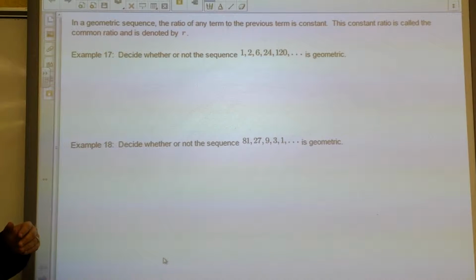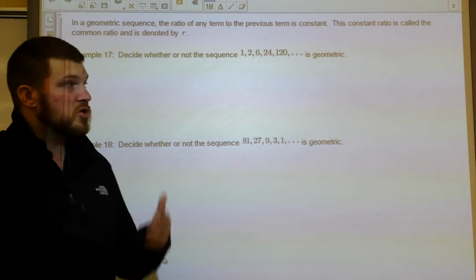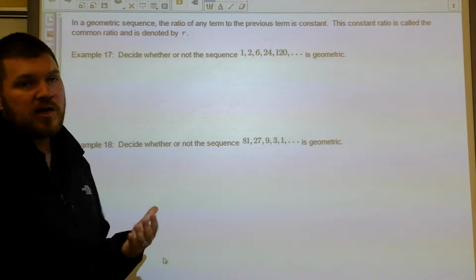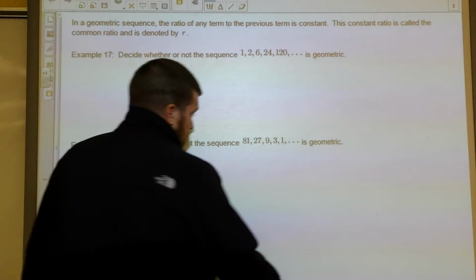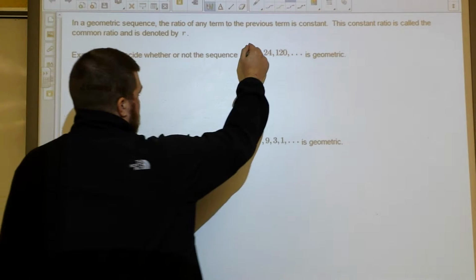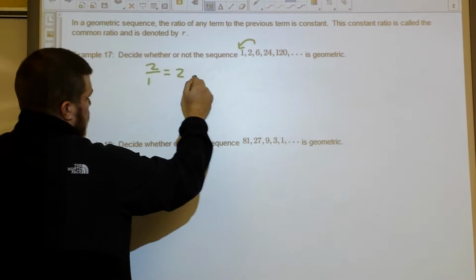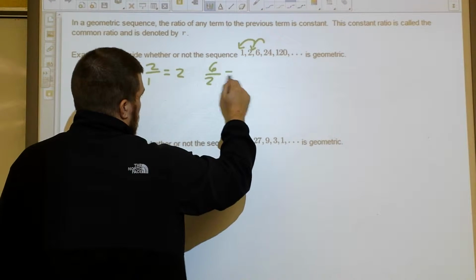In these two examples, what we're doing is deciding whether or not the sequence is geometric. The way we're going to do that is, again, searching for that common ratio. If it's got a common ratio, that means it is geometric. If it doesn't, not geometric. So a little bit of scratch work. A ratio just simply means to divide. So 2 divided by 1, which is 2. 6 divided by 2, which is 3.